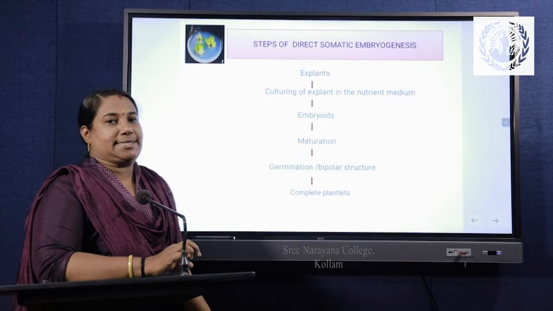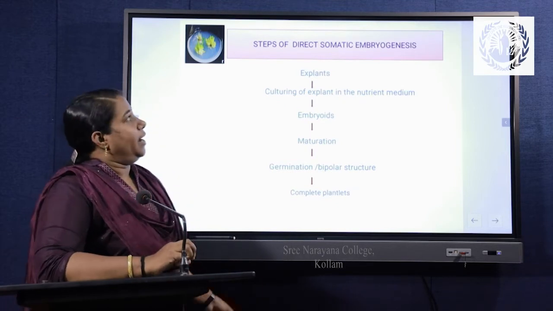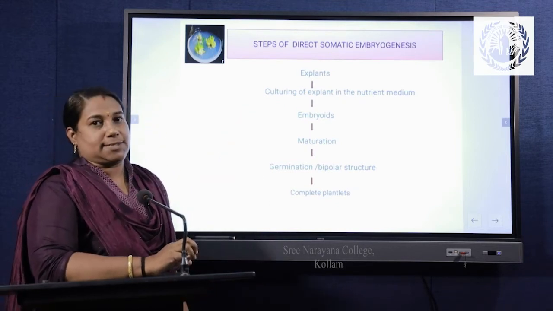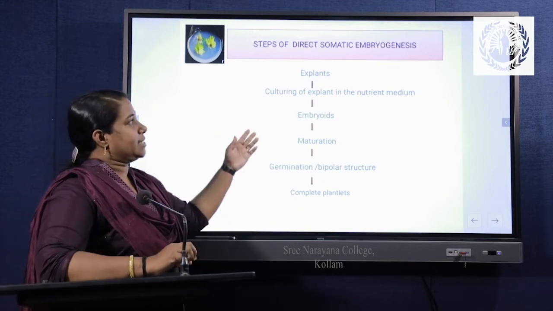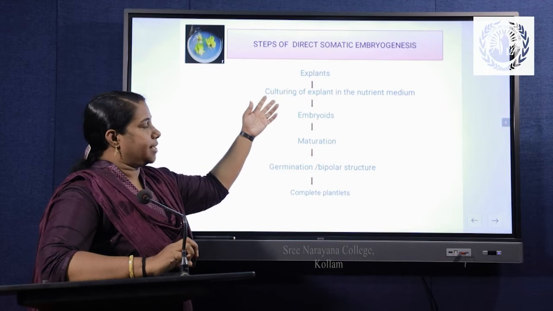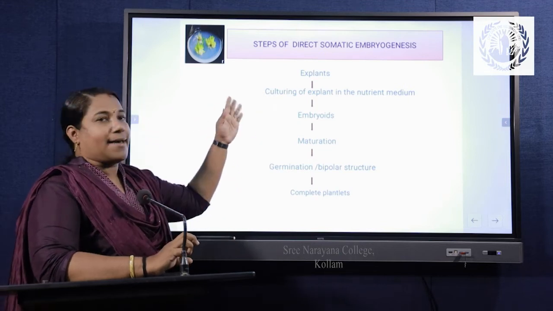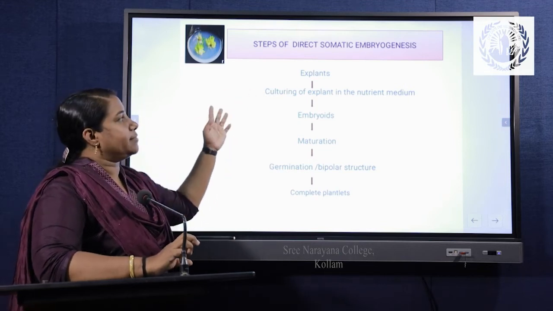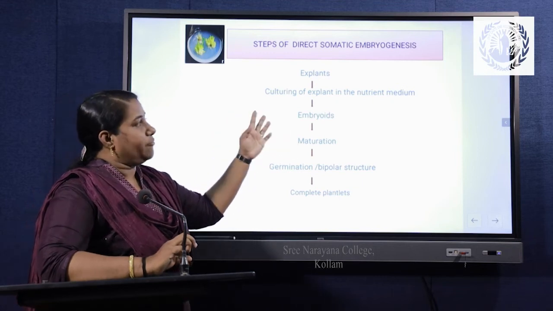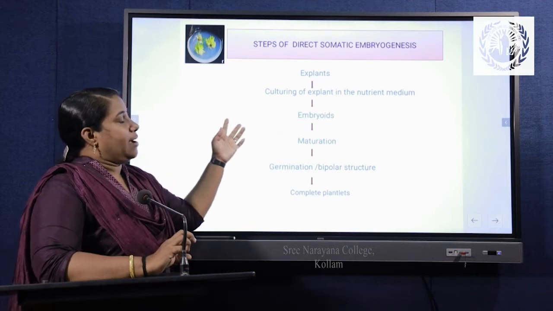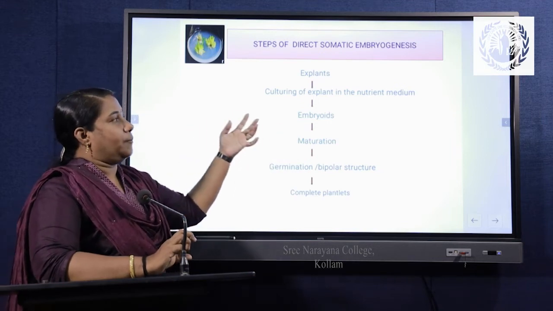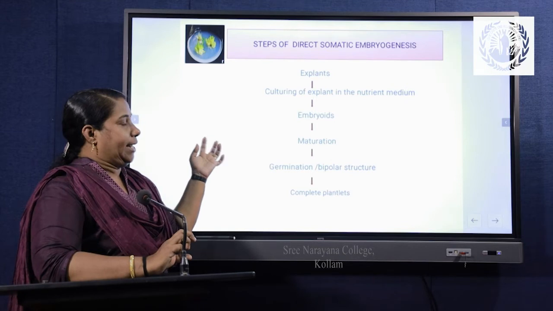Now we discuss the steps in direct somatic embryogenesis. Here we take the somatic part as the explant, and we culture the explant in the nutrient medium by adding different kinds of phytohormones with a high auxin, that is 2,4-D and NAA.